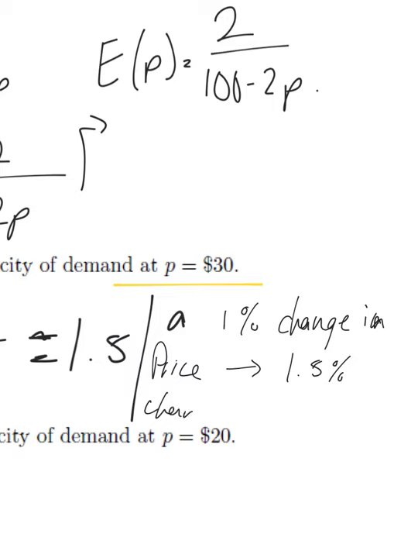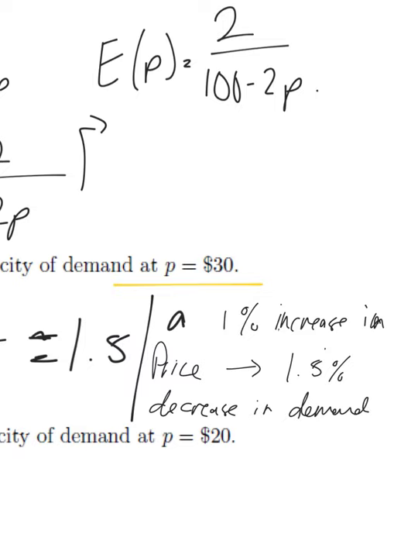Actually, instead of writing change, let's write what these really are. A 1% increase, because we're not really going to worry about decreasing price, would correspond to a 1.5% decrease in demand.